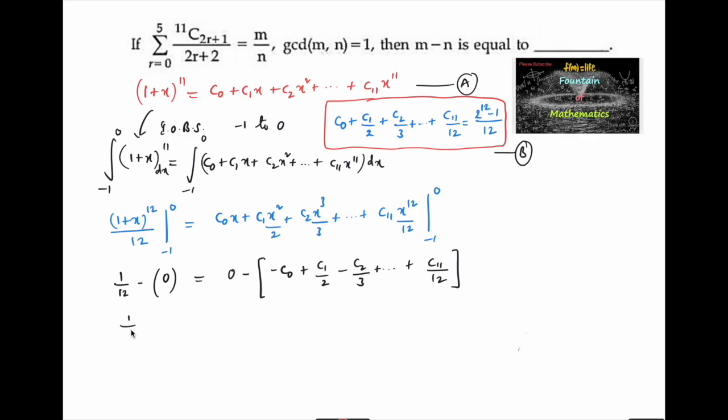So which can be written as 1 by 12 is equal to C0 minus C1 by 2 plus C2 by 3 minus and so on up to minus C11 divided by 12. So which can be considered as equation C.